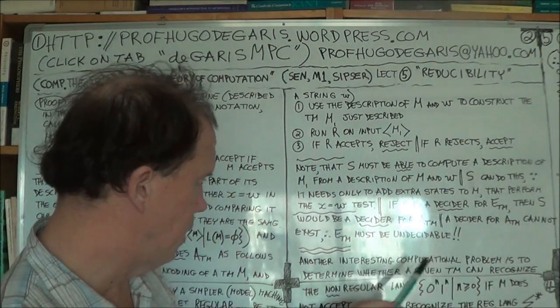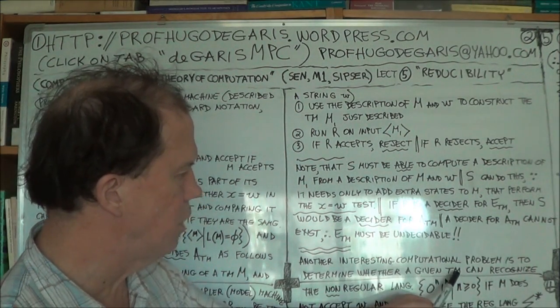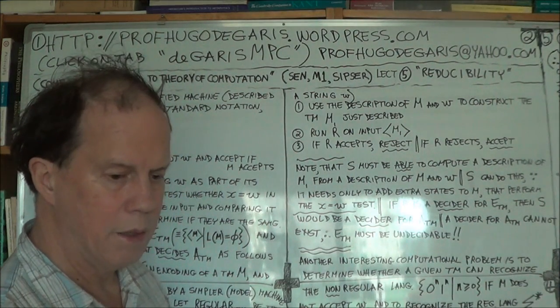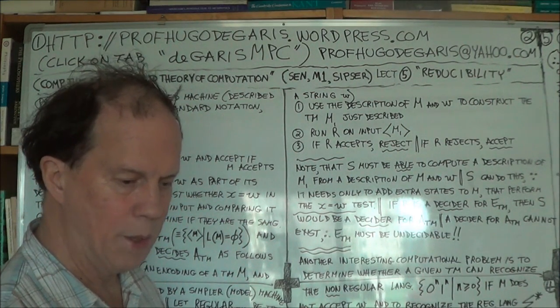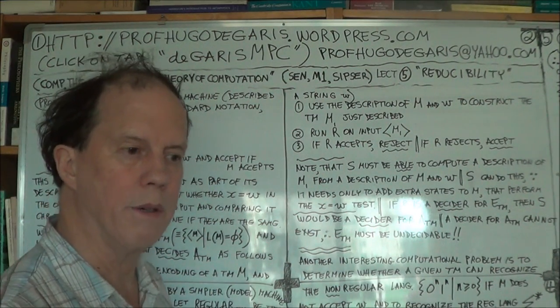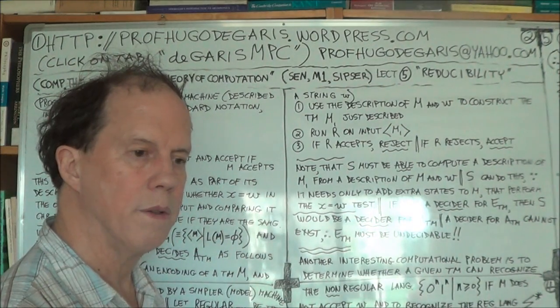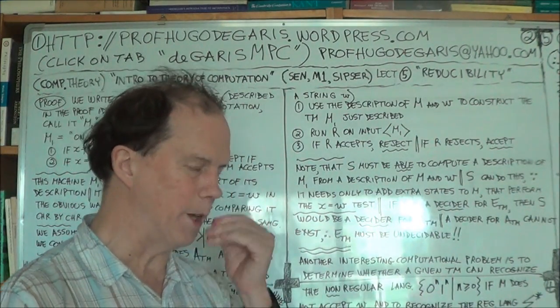So the problem is, can a given Turing machine recognize a language that a simpler machine, for example a finite automaton, can recognize? So let me reword that.